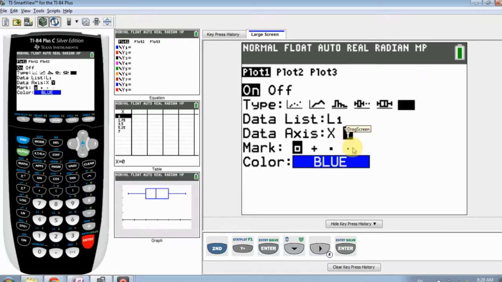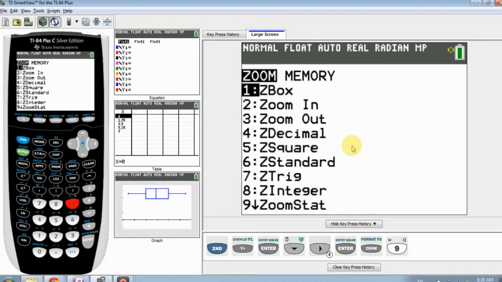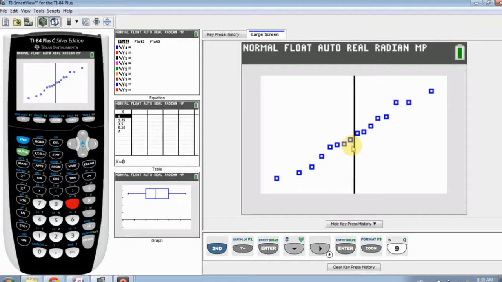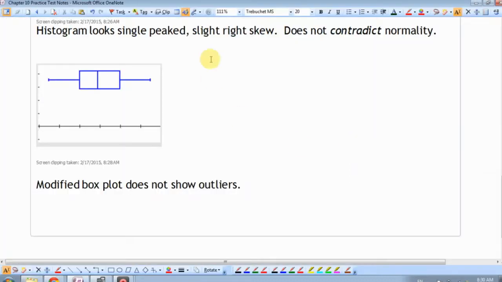Our book likes to put the data axis as the y-axis. It doesn't really matter, you really only have two choices. Same thing, zoom, stat. Hey, that's not bad at all, actually. Looks linear to me.